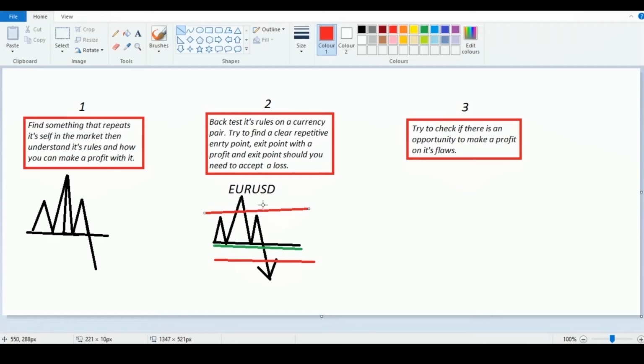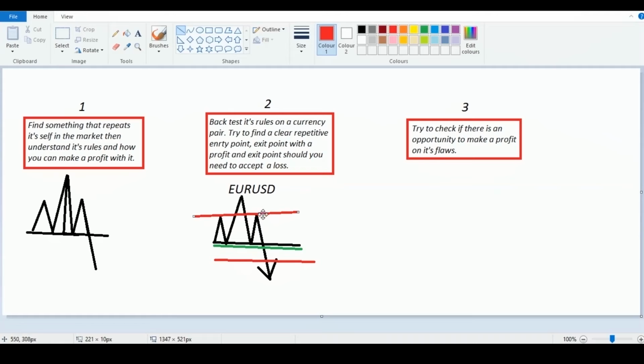So your exit point on Euro USD could be once it breaks the head, I accept my loss. But you know on, let's say, USD CHF, once it goes past the first shoulder or the last shoulder, then it is not coming back. So there's no need for you to take this extra loss unnecessarily.